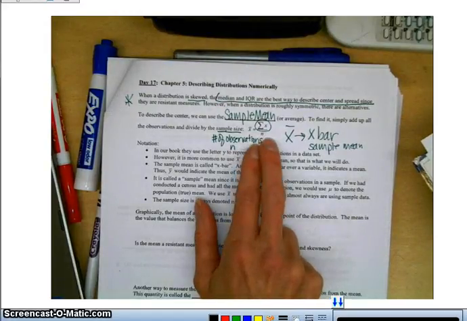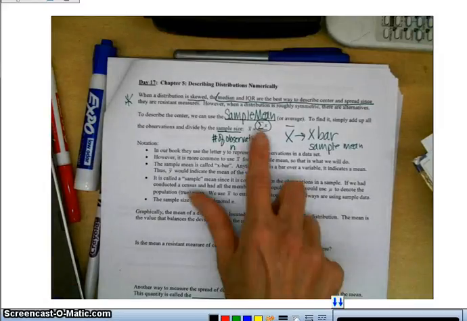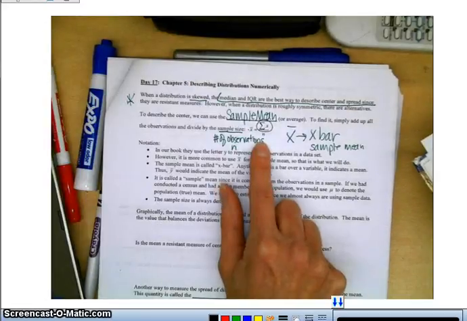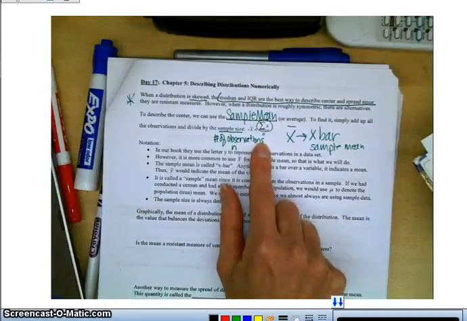Yes, because when it comes time for the AP test, you're going to be given like 2 pages, front and back each, of formulas that you can use on the AP test. And you need to be able to recognize the formulas. They're not in the terms that you like them to be, they're in the terms that they want them. So this is the formula for adding up all the x's and dividing by how many there were.